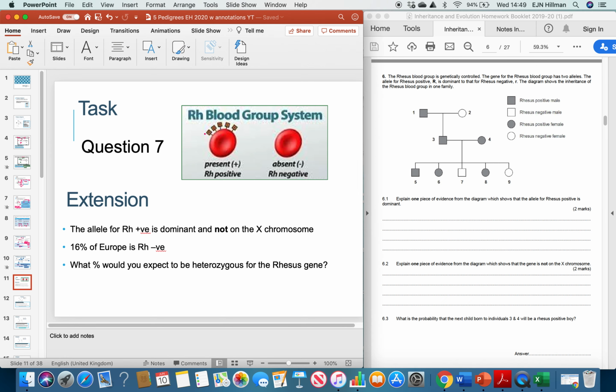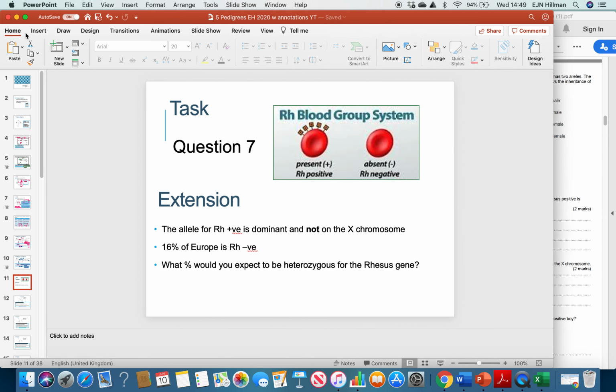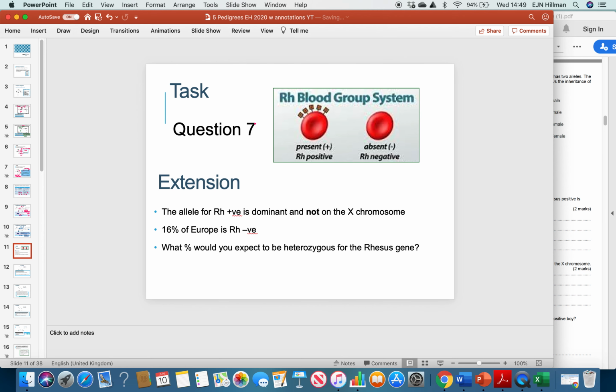Let me make the change on here. I should have checked this before, really. So that is now question 6 in the question booklet. Okay, have a go at doing that question, and I will make another video taking you through each of the steps in question 6.